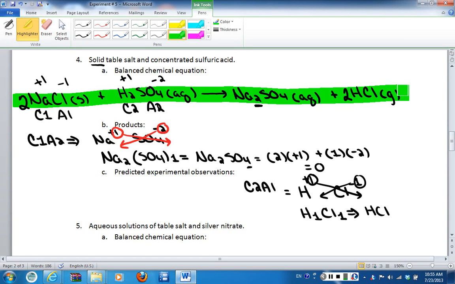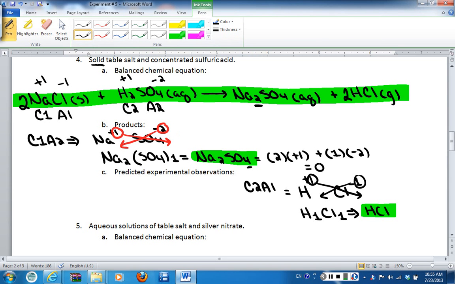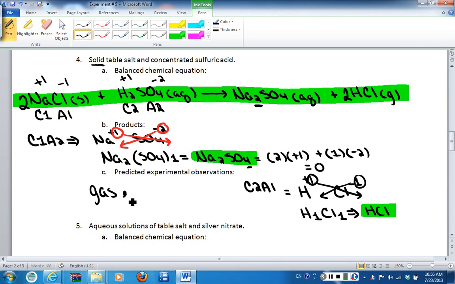So in terms of an experimental observation, well, we know we form sodium sulfate, we form HCl gas. This HCl gas is actually going to indicate to you the experimental observation. So you're actually going to see a gas evolve.